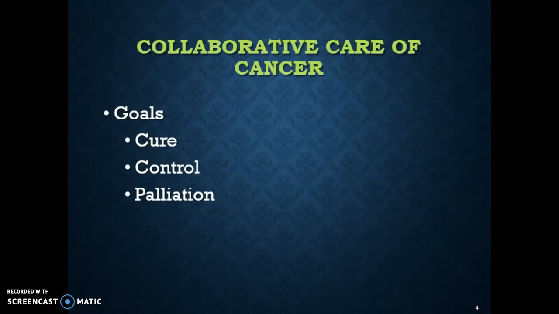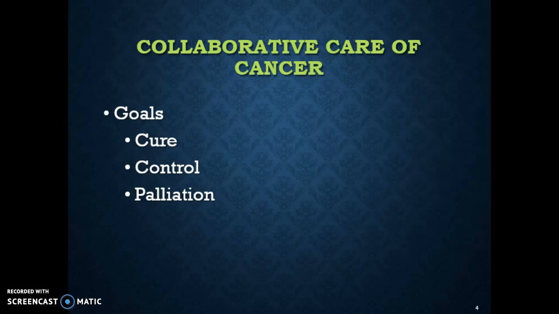So the main collaborative goals for cancer include trying to cure the actual cancer. The goal may not be to cure because maybe cure is not possible. And of course, cure means complete eradication of the disease and to prevent recurrence.